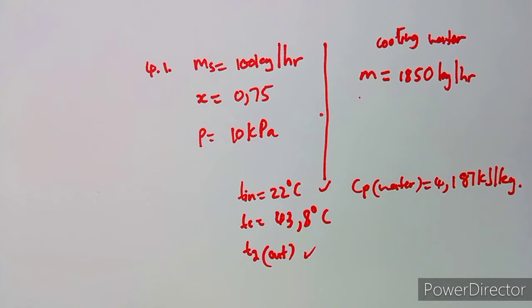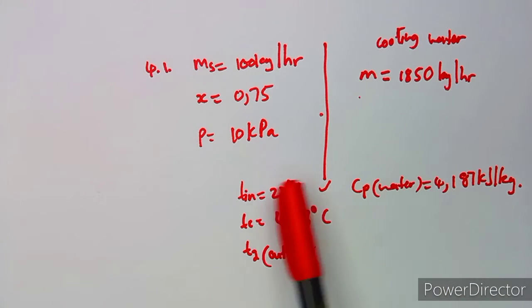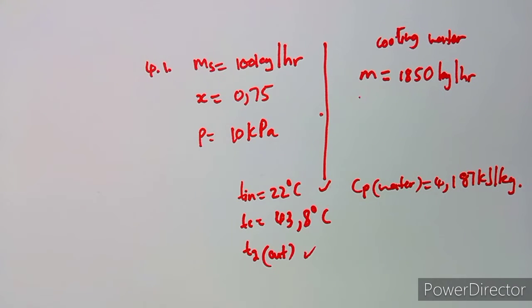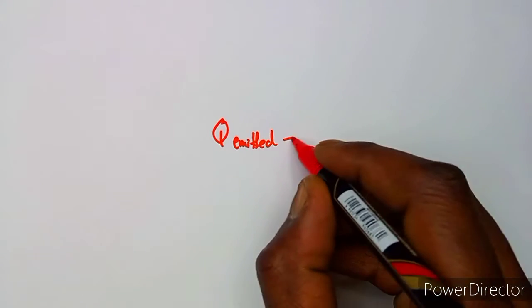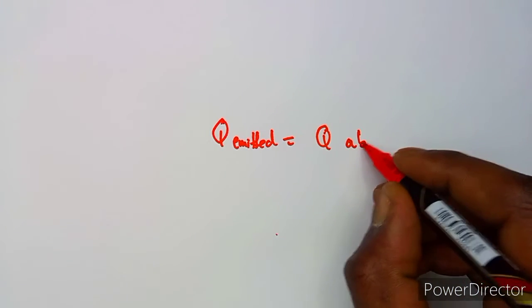Remember we are talking of steam and we are also talking of water. So the cooling water and the steam must have something in common. And what is it that is going to be in common? It is the heat. So here the steam is going to emit the heat and the cooling water is going to absorb the heat. So we can say Q emitted is equal to Q absorbed.